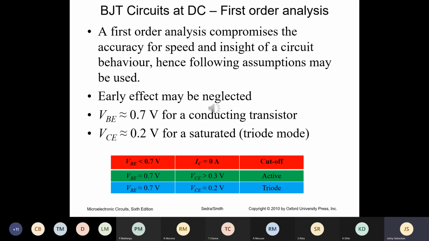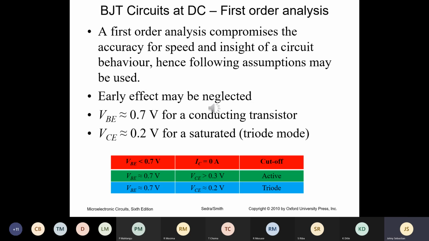When you study integrated circuit design using a BJT, you cannot neglect anything. You have to include every bit of theory that you learned. But now we are dealing with discrete components. You may neglect the early effect. VBE approximately 0.7 for a conducting transistor.